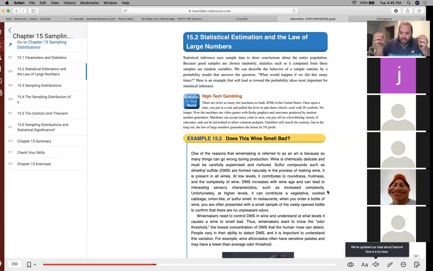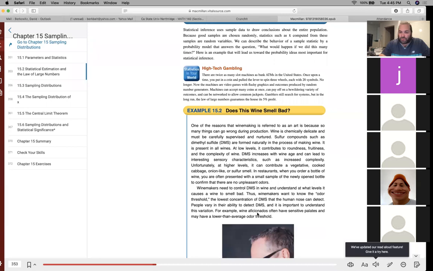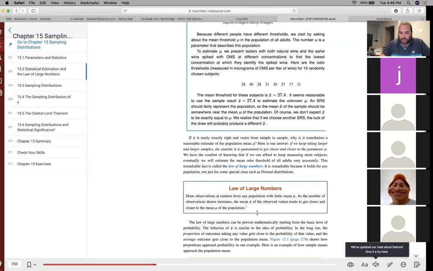So the law of large numbers says as follows. You don't know what you're going to get on any one specific flip, but in the long run, the proportion of occurrences is going to approach whatever the true value is.